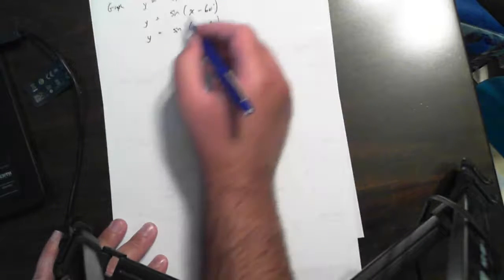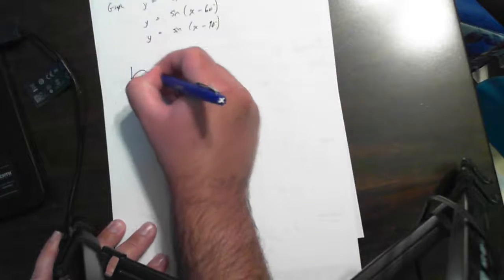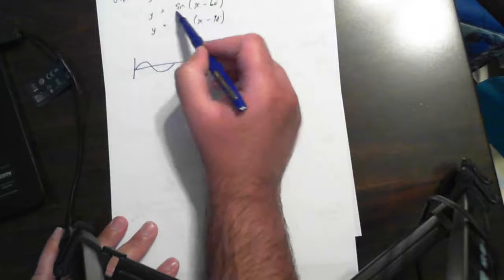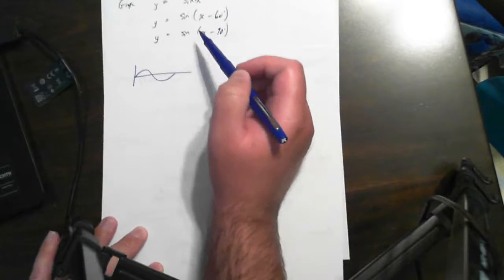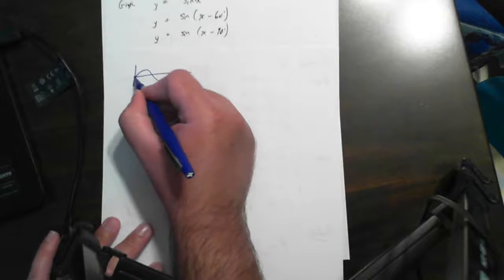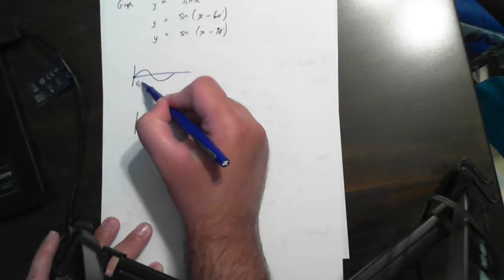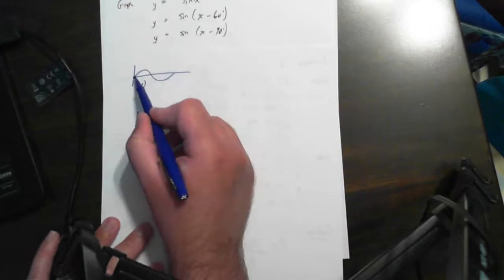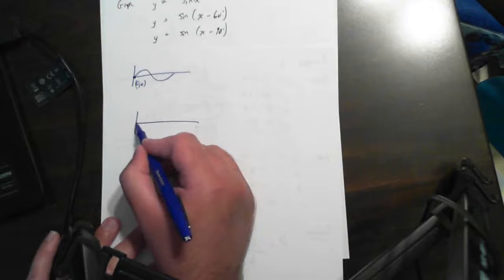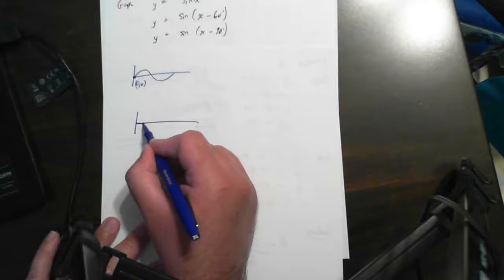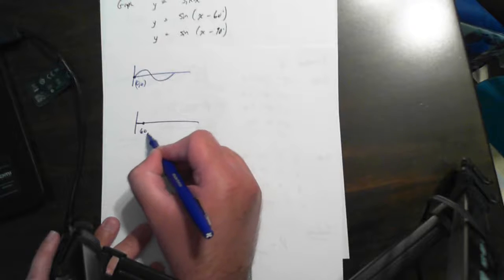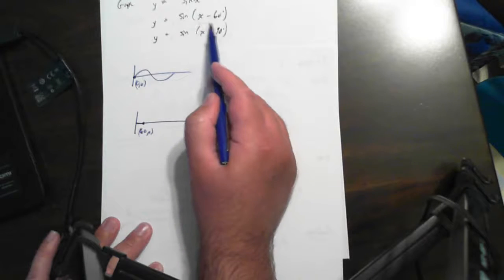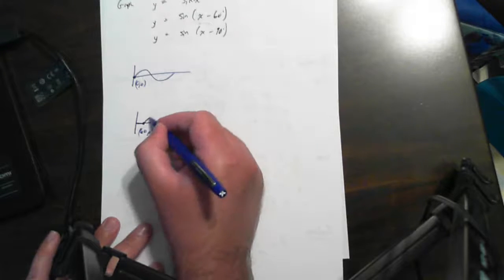So hopefully what you saw is that when you graphed y equals sine x, of course it looks like that. However, when you graphed y equals sine of x minus 60, you might have noticed something a little bit different happened. This point right here, that was at 0, 0, is actually not there anymore. It's actually been moved over to 60, 0 when I graph y equals sine of x minus 60.